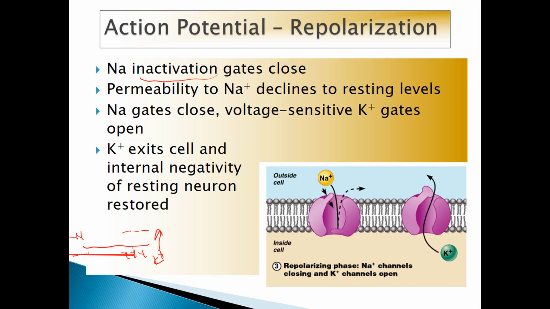See the difference between what we had at the end plate potential with sodium and potassium moving at the same time, to what we're talking about here, is that sodium and potassium move at different times, but both end up following their electrochemical gradient. So potassium ends up leaving, and then we're back at this. So it restores the internal negativity.